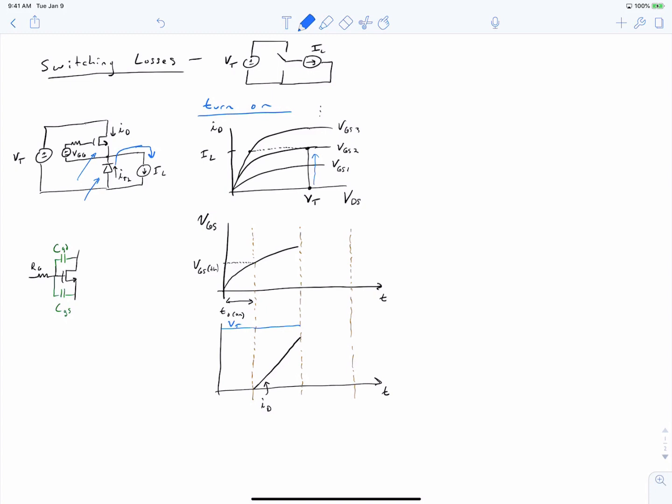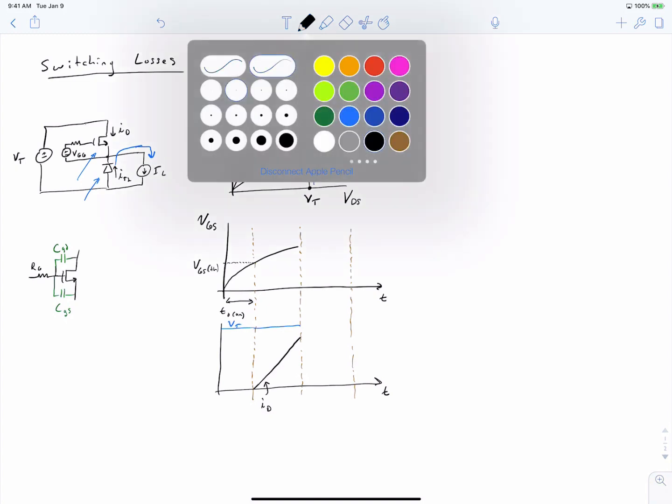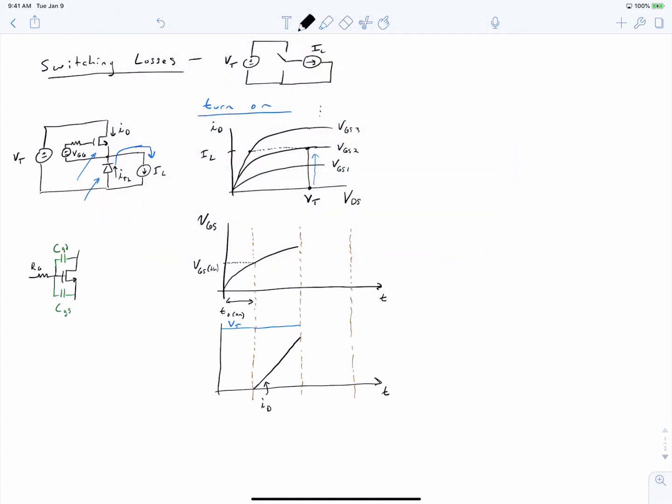So at this next time over here, our drain current now matches our load current, and we are at point B at this time right here, where our drain current is matching our load current. And the MOSFET drain source voltage can now start to decrease.